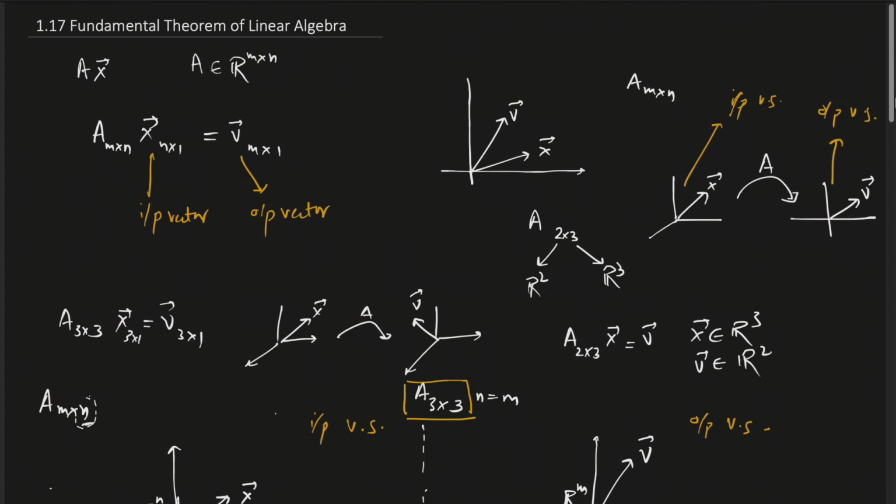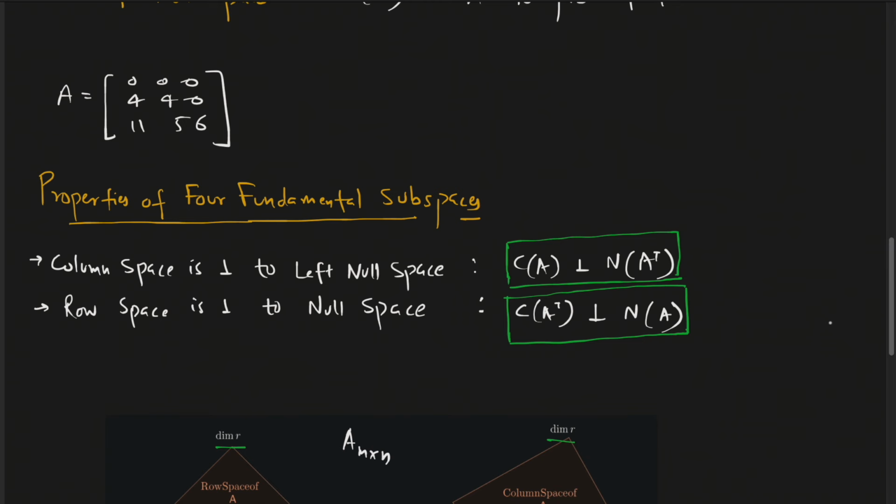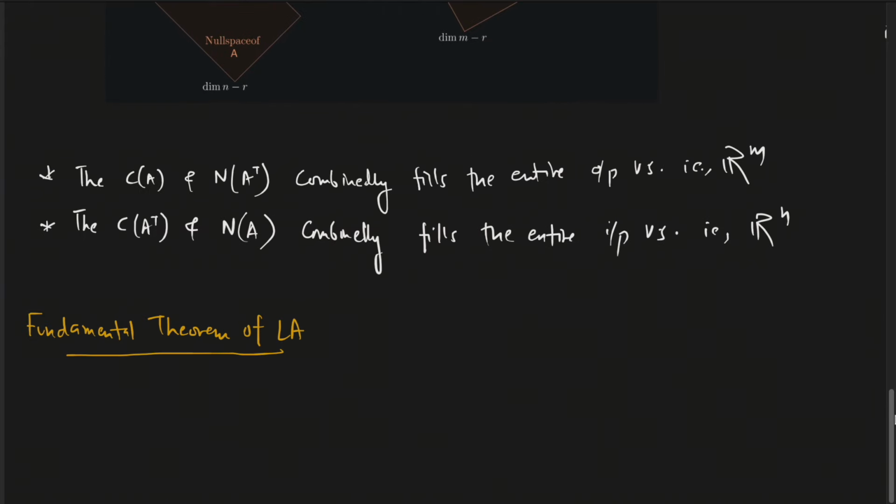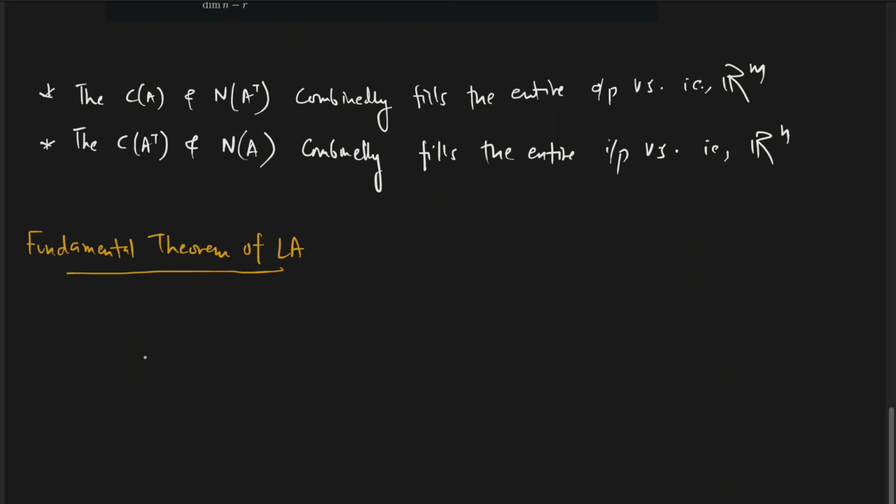Now we come to the fundamental theorem of linear algebra. It just formalizes whatever we have seen just now. It is not a single thing; it states 3 points. First, the column space and row space both have dimension r, that is rank.